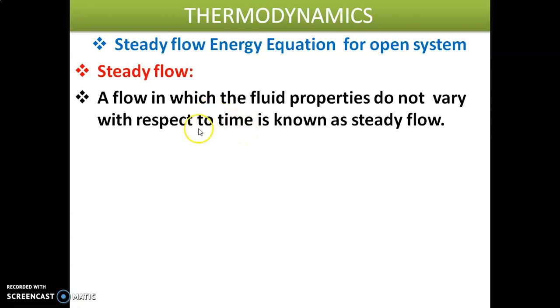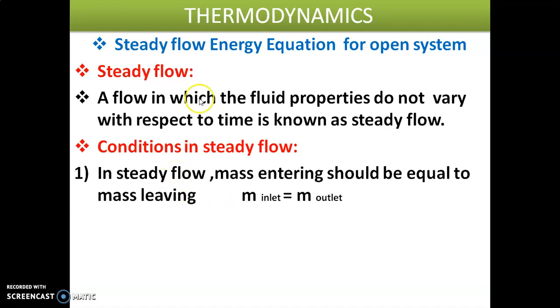If you want to say this is a steady flow or this is not a steady flow, there are some conditions. Number one, in steady flow, mass entering should be equal to mass leaving.